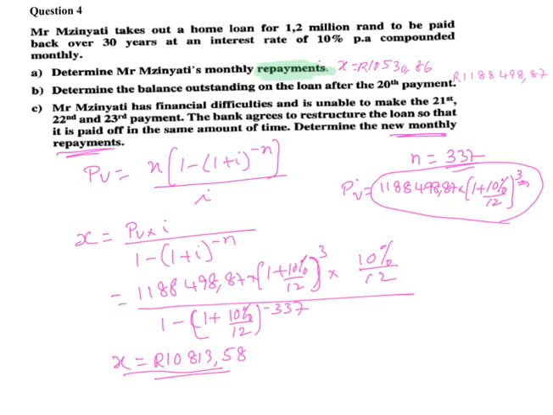Here in this case, they are skipped payments, the number of months he was unable to pay due to financial difficulties. The concept is the same in both cases: we apply interest to the PV for the number of installments skipped. That is how we solve this particular question.